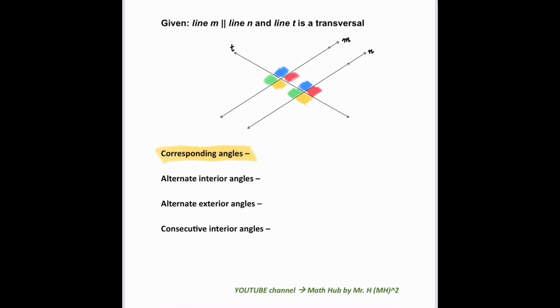As you can see, we have 4 pairs of corresponding angles. In terms of measurement, based on the corresponding angles postulate, if the two lines are parallel and being cut by a transversal, then the corresponding angles are equal in measure.